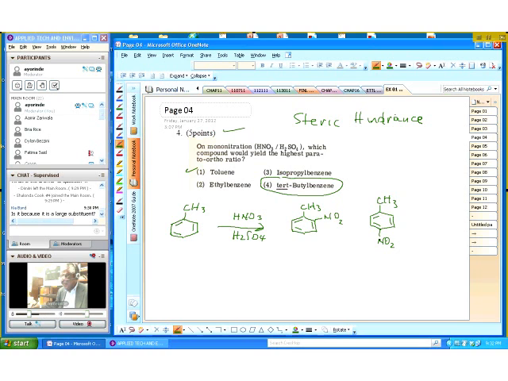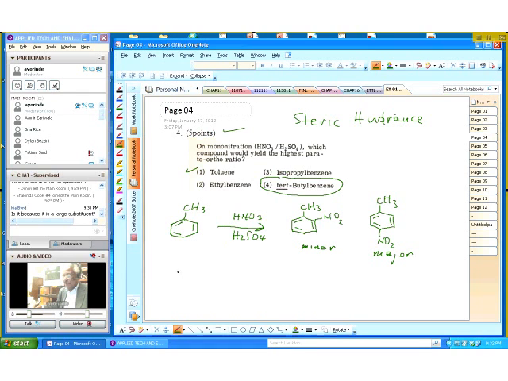Steric hindrance simply means they will be bumping into each other. They have less chance of bumping into each other in the para position. So the para is always the major product. That is the question they're asking you. So this is the minor product.